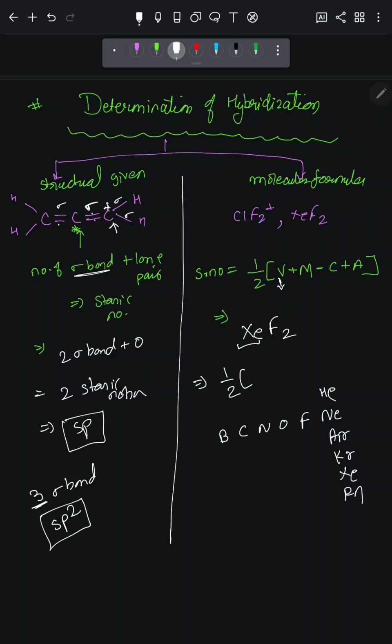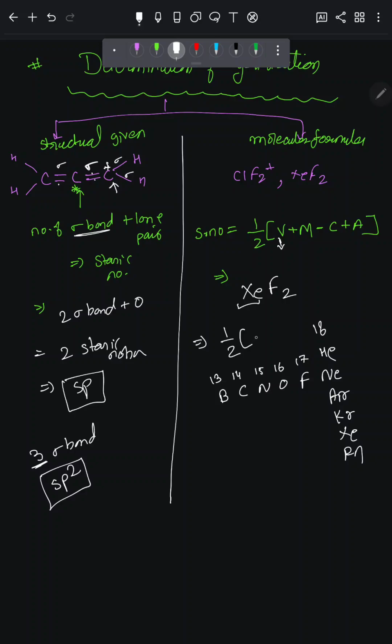This is the last period, or group 18. Here it is group 13, so 3 valence electrons are present. This is group 14, so there are 4 electrons. This is group 15, so 5 electrons, then 16, 17, so 6 electrons, 7 electrons, and group 18, 8 electrons are present.